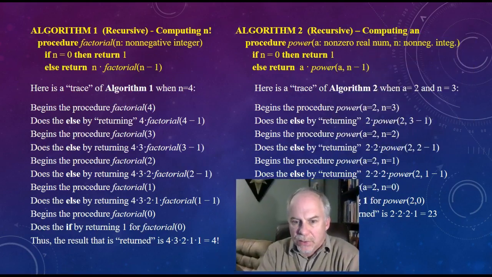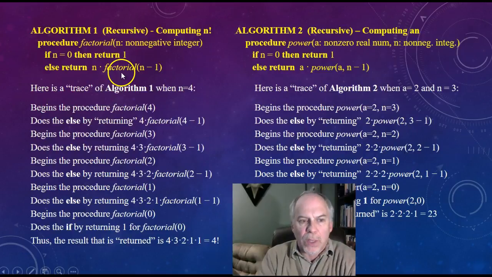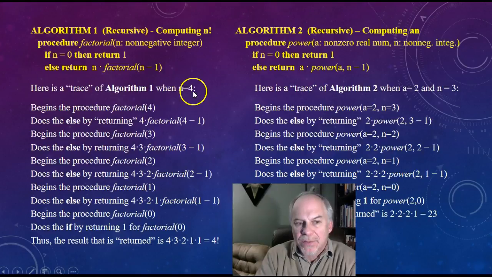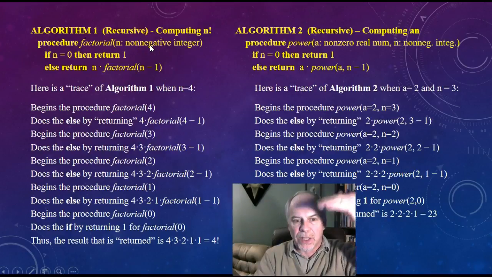All right, so let's look at algorithm 1 and what this does. It's the algorithm we just talked about on the left side of the previous slide. And it says here is a trace of algorithm 1 when n is 4. So it begins the procedure with this command, procedure factorial, and it inputs the number 4.